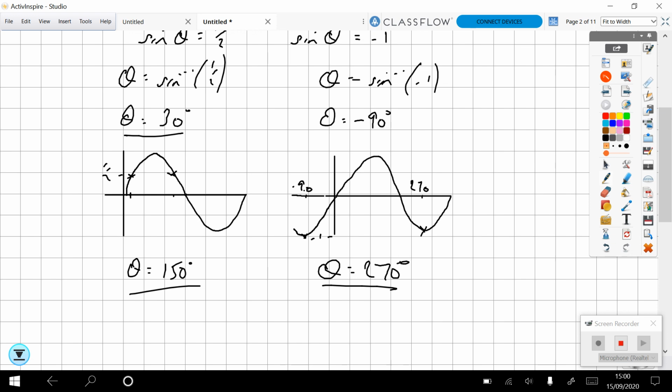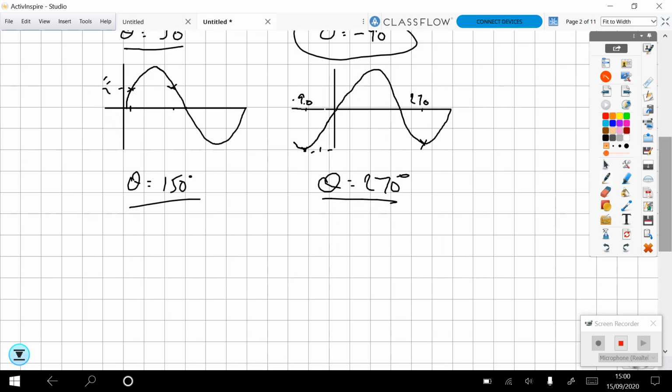So this one here is important, it's part of my working, but it's not part of the final answer. And for that reason, it's best at the end just to summarise what you found. 30 degrees, 150 degrees, 270 degrees. There are 3 solutions to that particular equation.